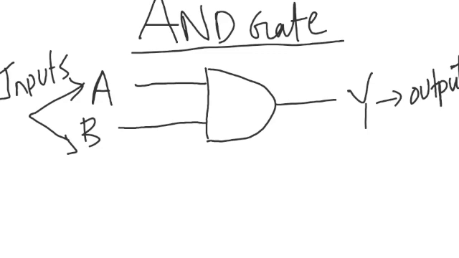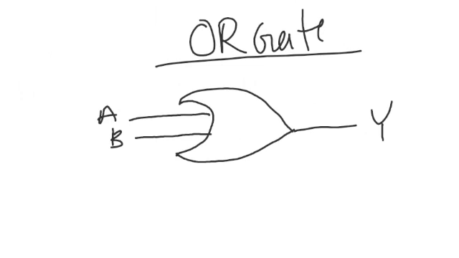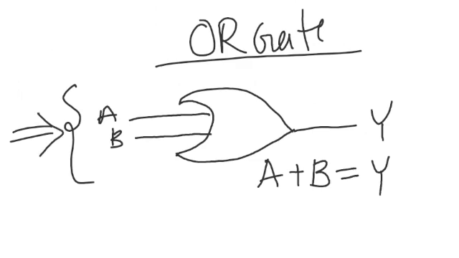Now I'm gonna show you that for the AND gate, the output is on only when all inputs are on. So the equation for the AND gate is A times B equals Y. For the OR gate, A plus B equals Y. You add the two inputs and get the output.